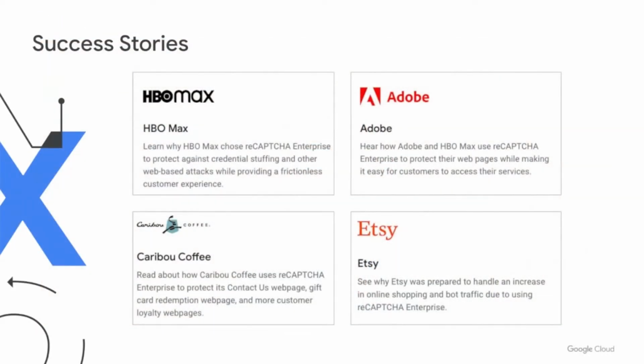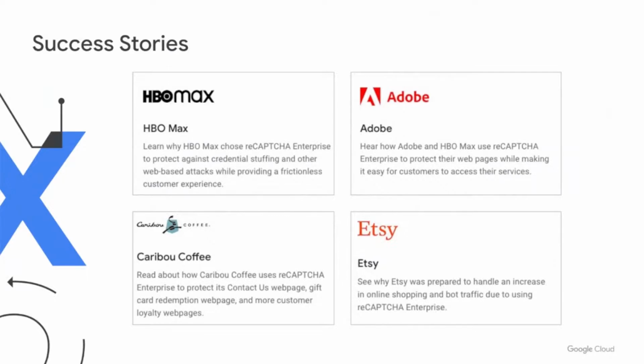We've seen great success across a number of businesses. These are just four of the quick stories we have from the many across the great reCAPTCHA Enterprise user base. We have folks like HBO Max and Adobe who are using reCAPTCHA Enterprise to protect services they operate, to ensure that people are not using account takeovers or different types of account sales to attack these two platforms.